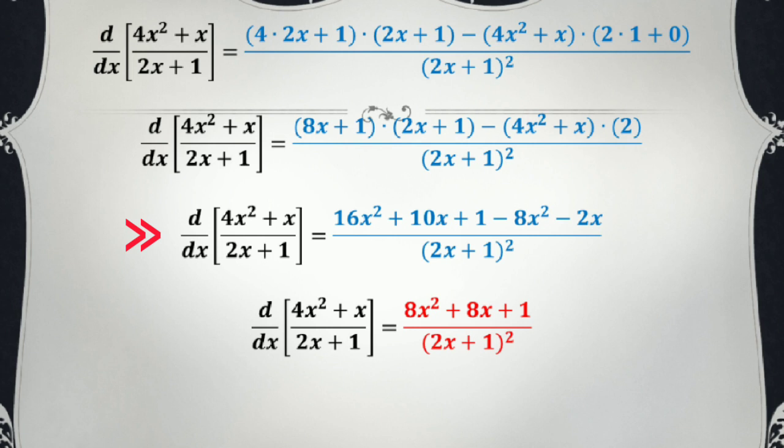Since we have a negative sign, we will rewrite it as negative 8x squared minus 2x. Now, combine like terms and we will arrive with the result 8x squared plus 8x plus 1 over 2x plus 1 squared.